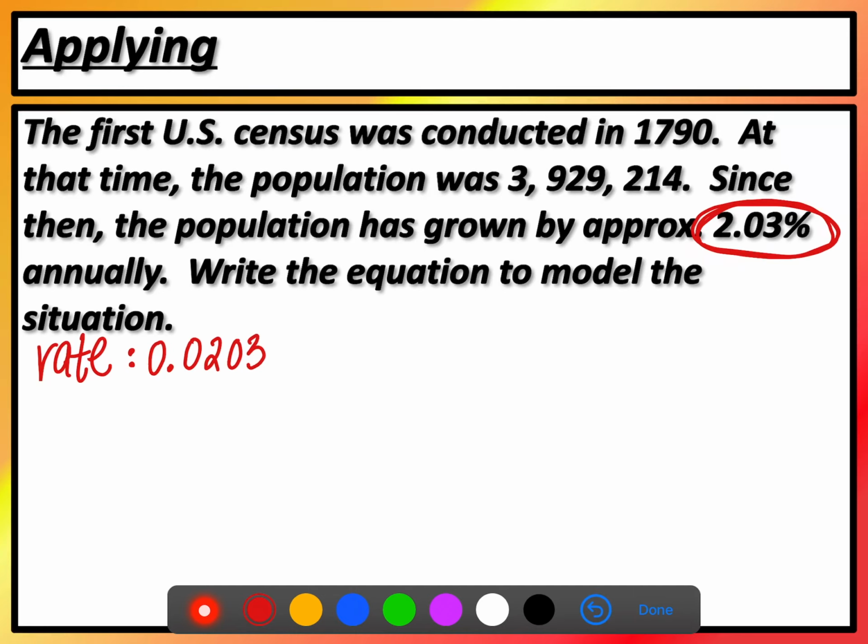Your initial value, because it says the first census, gave us 3.9 million here. We're going to plug all of that in. You could use y. Same thing.